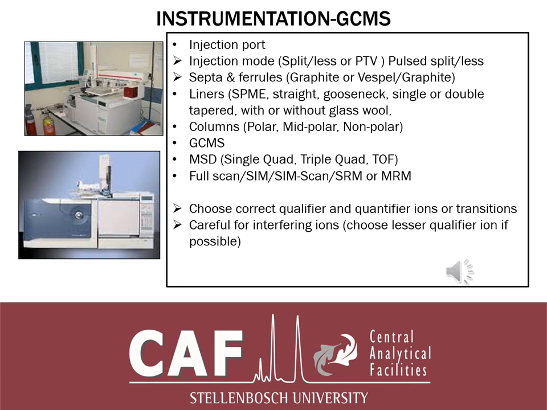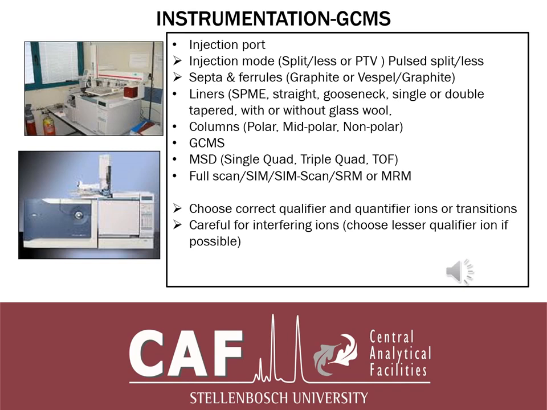And the ferrule is there to keep your column intact in the GC, on both the injector and the detector side, whether using FID, NPD, or MSD, you still need that ferrule. Graphite ferrules can be used on the injector and on the detector if you're using FID. But if you're using MSD, never ever use a graphite ferrule on the transfer line.